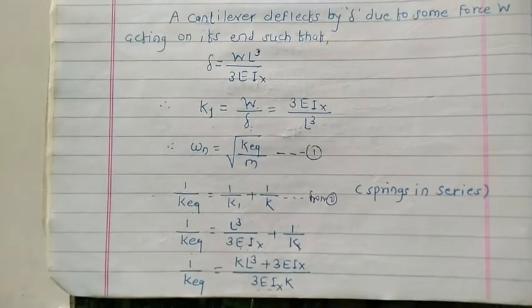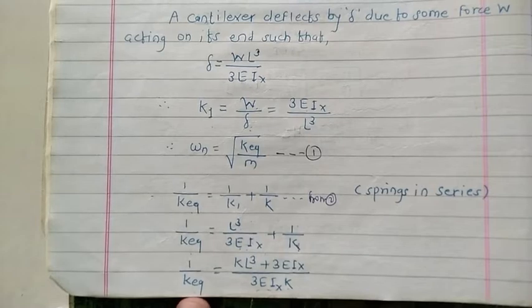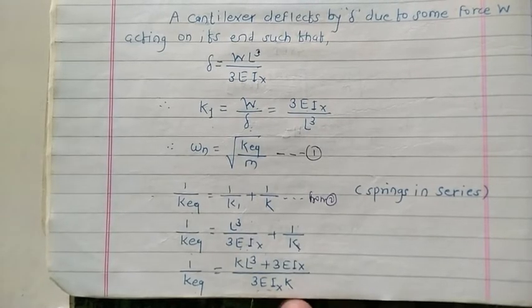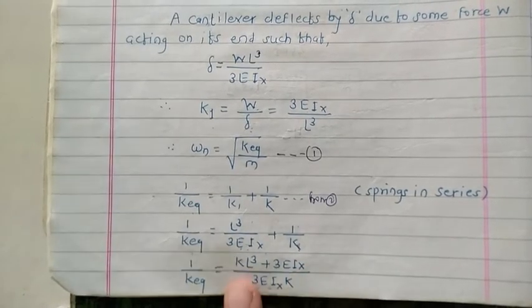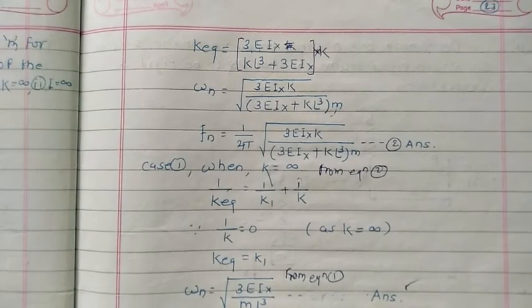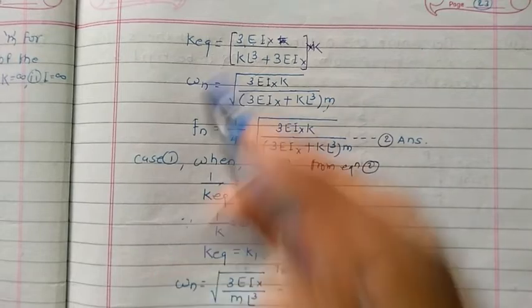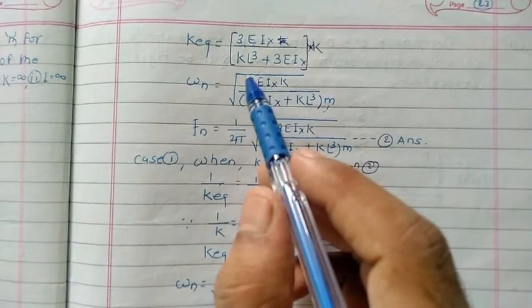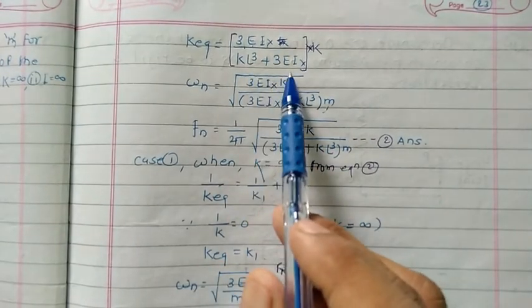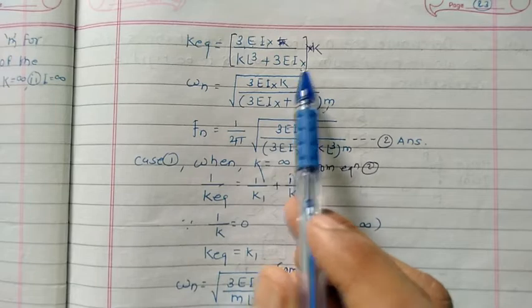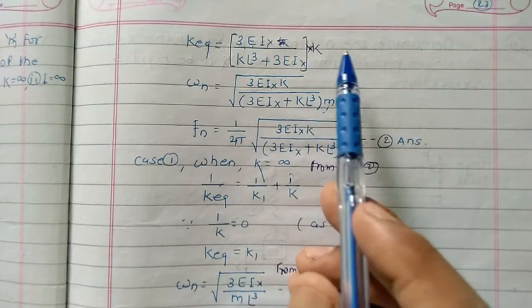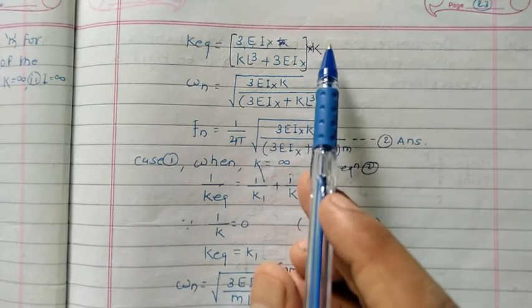Taking the reciprocal, 3EI goes in the numerator and the other term goes in the denominator: K equivalent equals 3EI times K divided by K L cube plus 3EI.